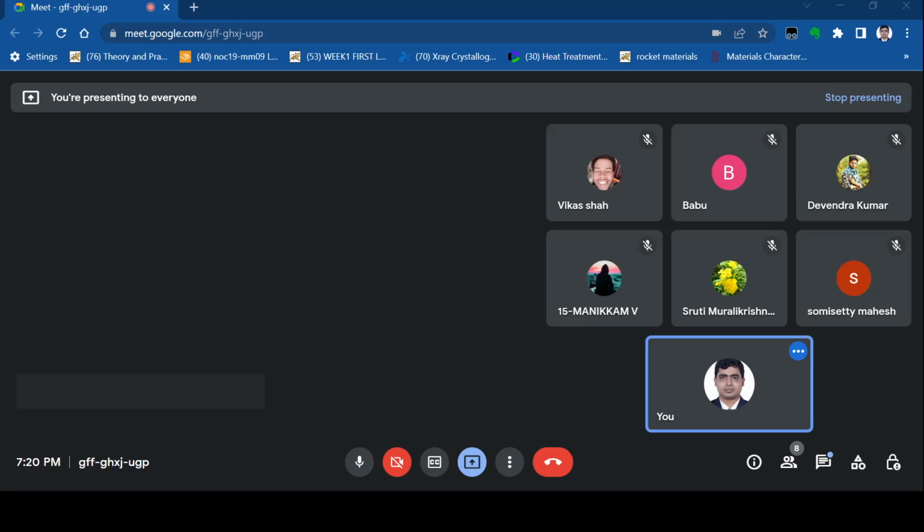Then how do you calculate the delta G star? You have to put just this value of R star in this equation, equation 1 suppose.